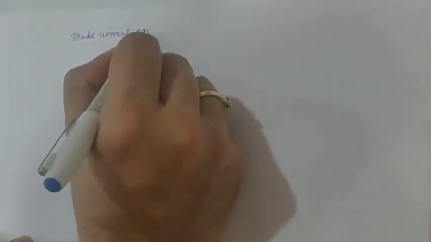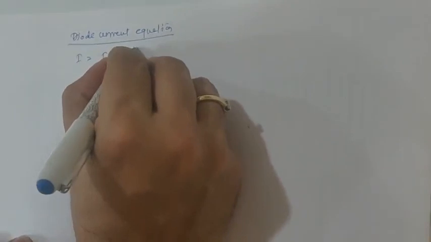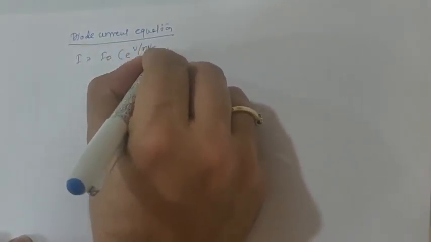What will be important to understand in diode is, remember, for diode there are two things that you need to remember. One is the diode current equation. The diode current equation is I equals I0 times e to the power V upon eta Vt, minus 1.